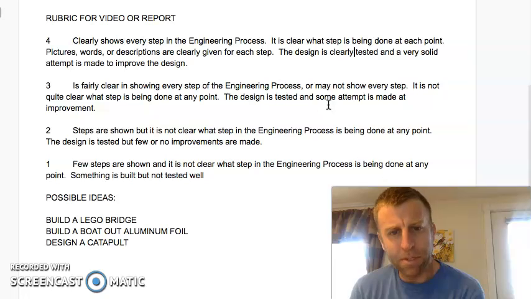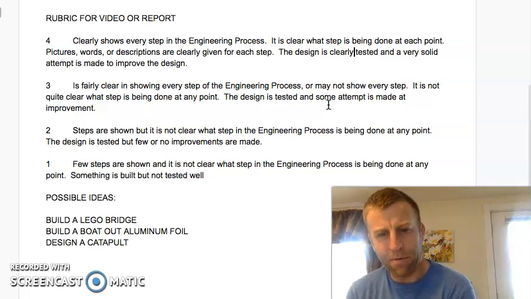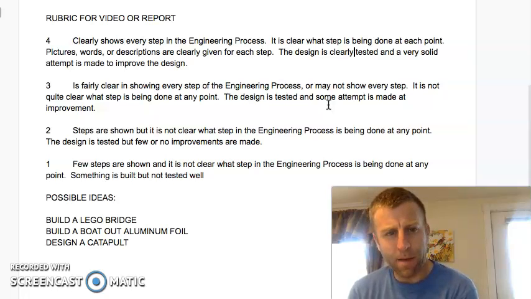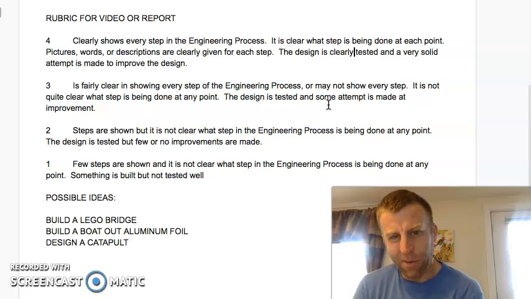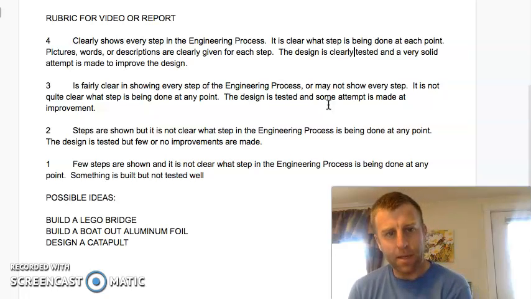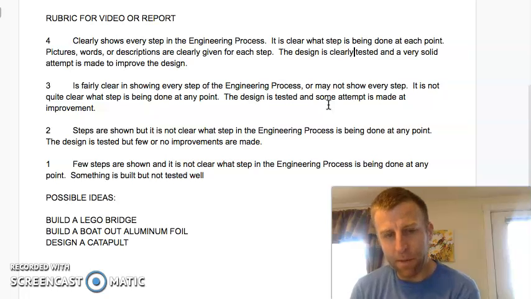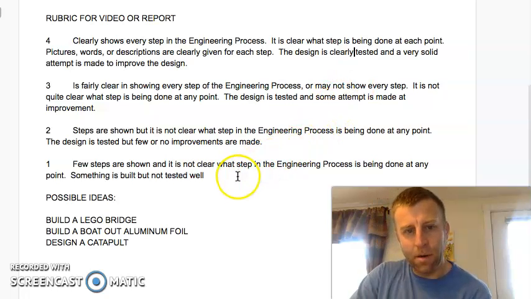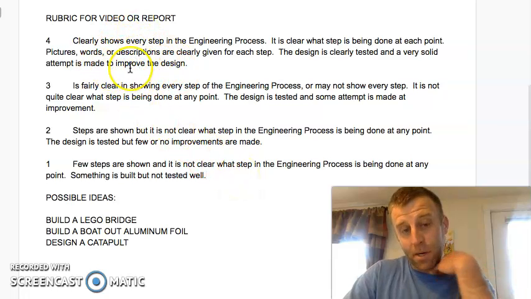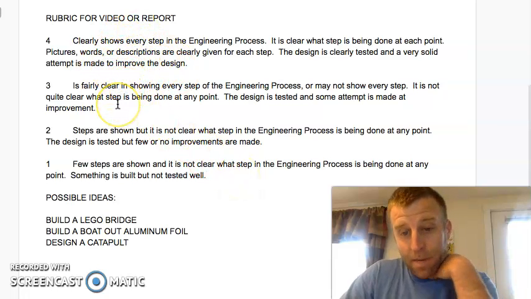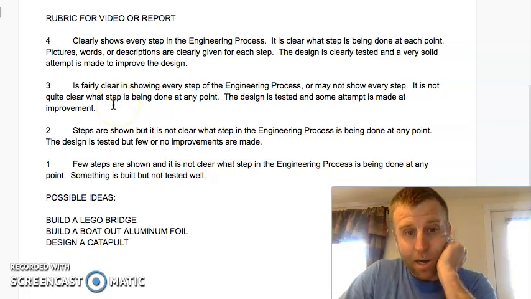It's not really clear what step you're doing at any point. You do build something, but you don't really make many improvements. You do test it, but you don't really make improvements. And then a 1 would be, you don't really show many steps. You do build something, but you don't test it very well. So eventually everybody hopefully gets up to a 3 or 4 here, would be your goal as far as making up a good end product.